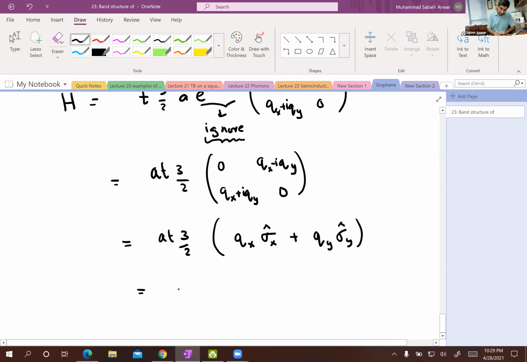All right. So in shorthand, I can write this as q vector dotted with the Pauli operator vector, where the Pauli operator vector is defined as having terms sigma x and sigma y as its elements.